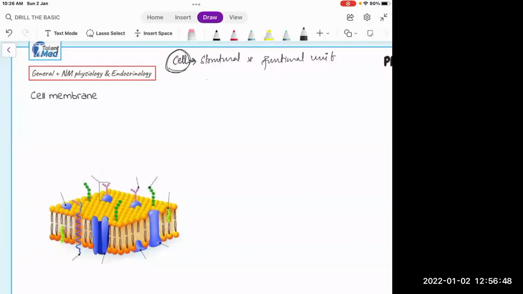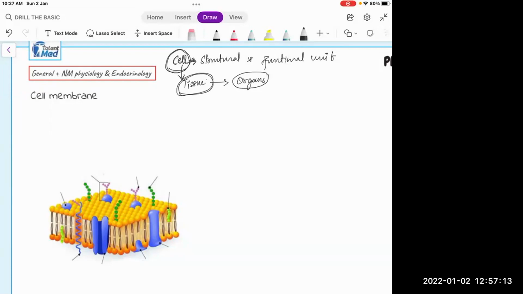The first and foremost is the cell, and a group of cells will join together and form the tissue, like nervous tissue, muscle tissue. Then multiple tissues having similar functions will join and form the organs, for example stomach, liver, pancreas.